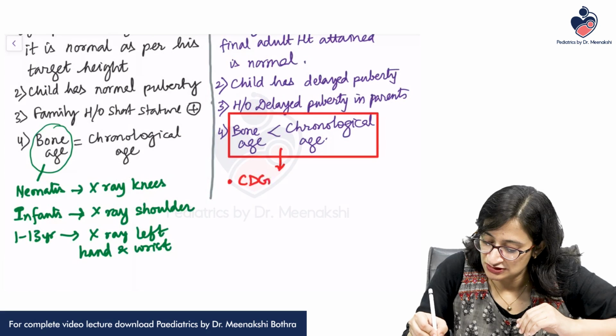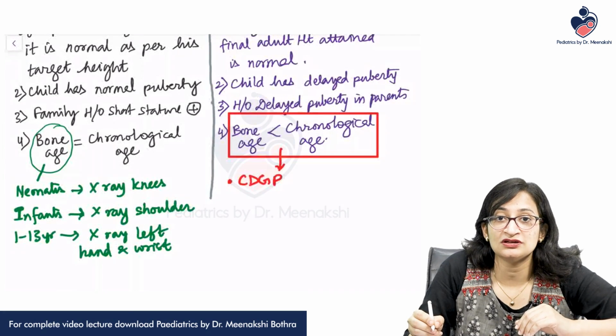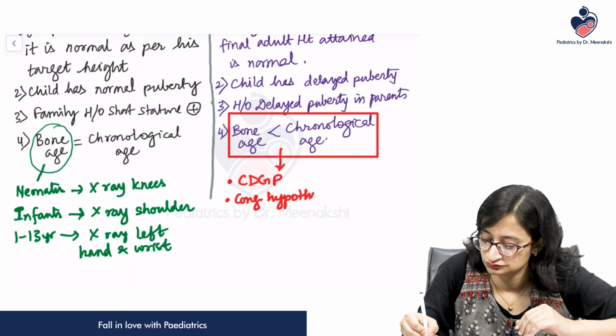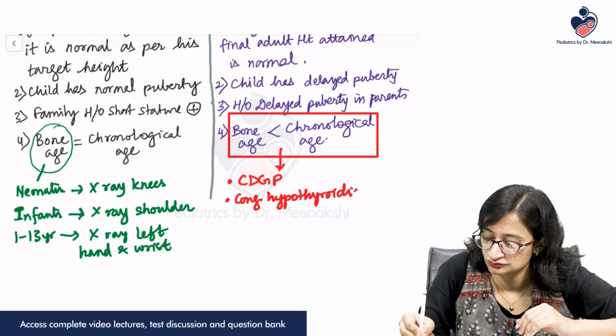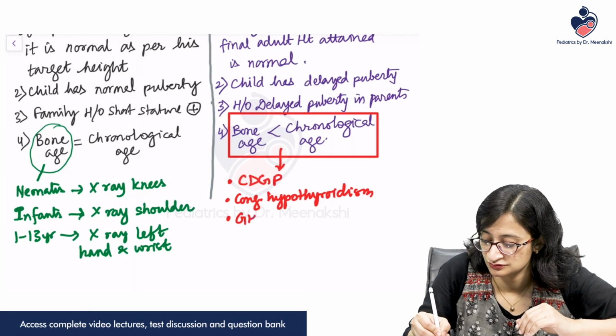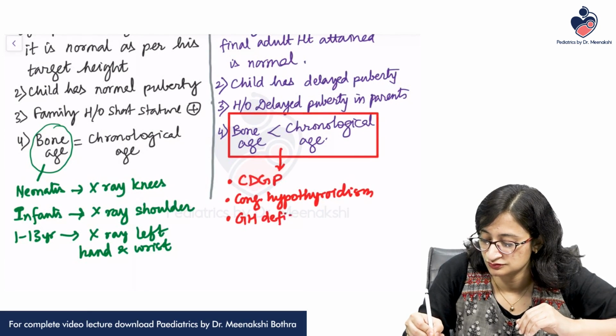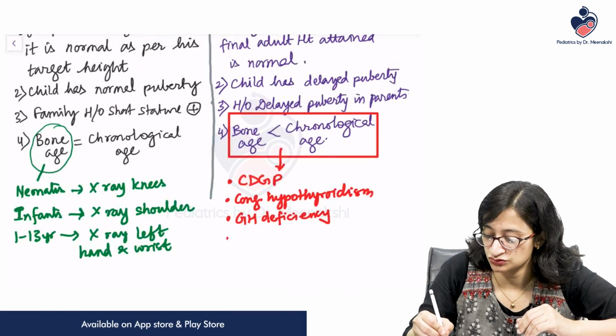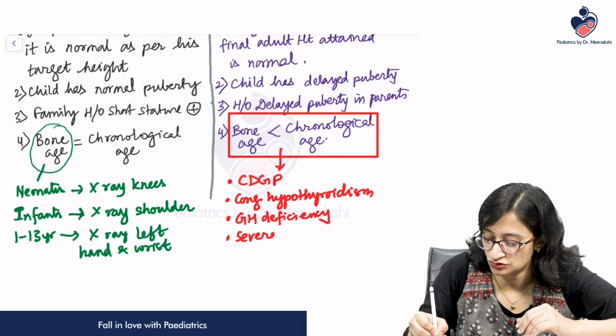You can get it in congenital hypothyroidism also, in growth hormone deficiency, and in severe malnutrition.